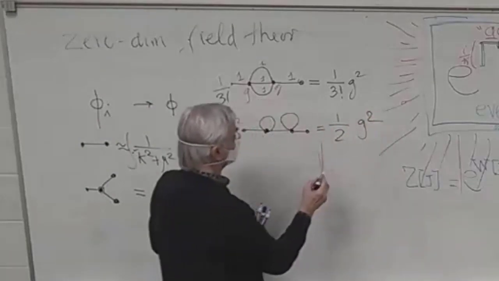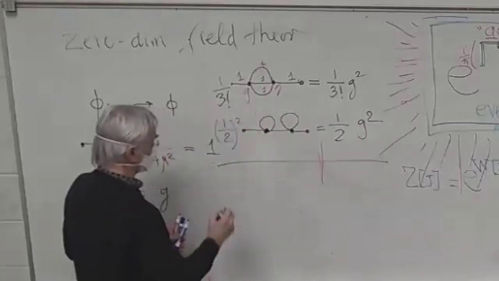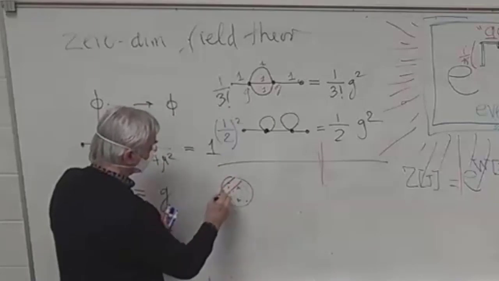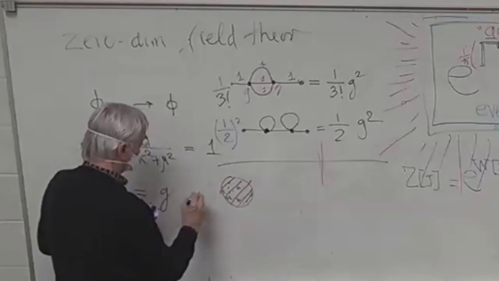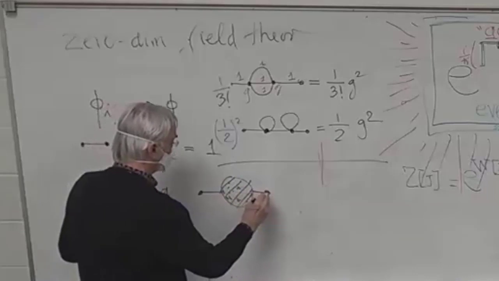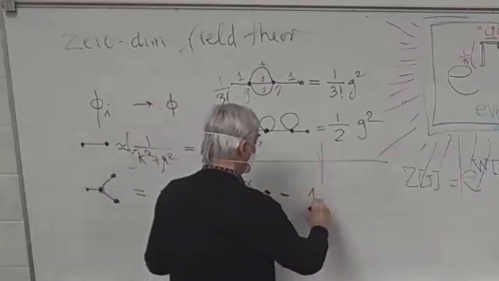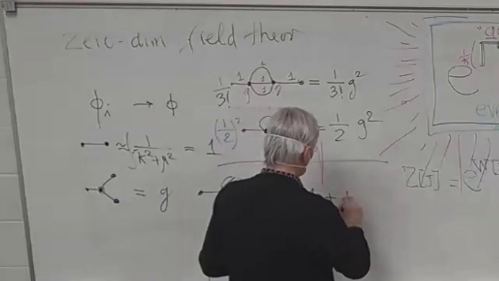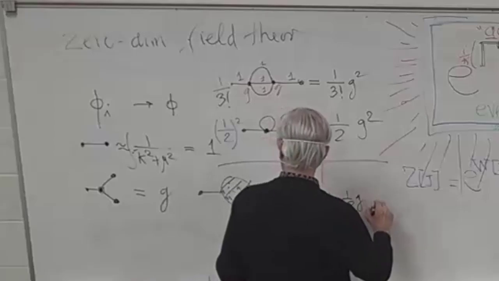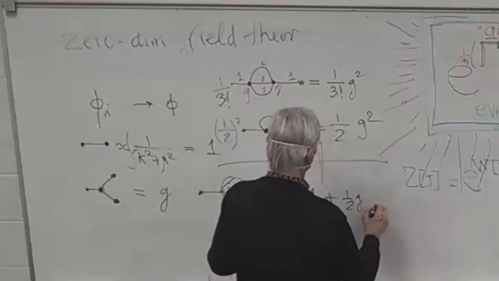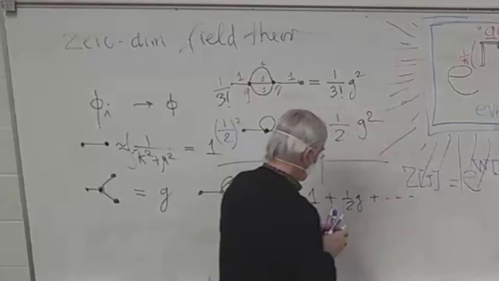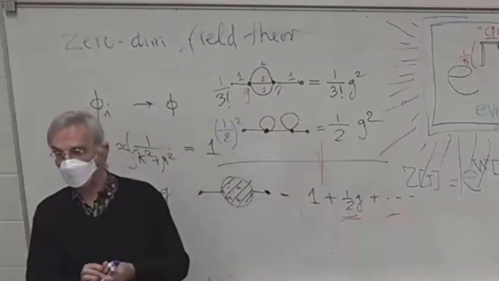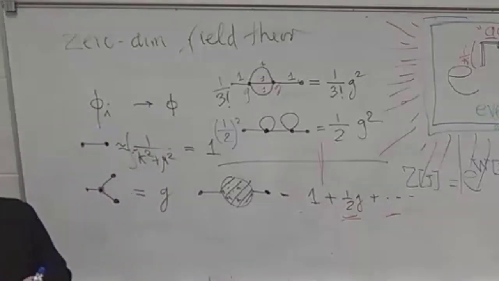Two coupling constants. And when I look at the process, let's make it connected, something going in, something going out, I'll get that this is 1 plus, maybe there is only one correction, 1/2 times G, and so on. And these numbers are just sums of symmetry weights for your diagrams.